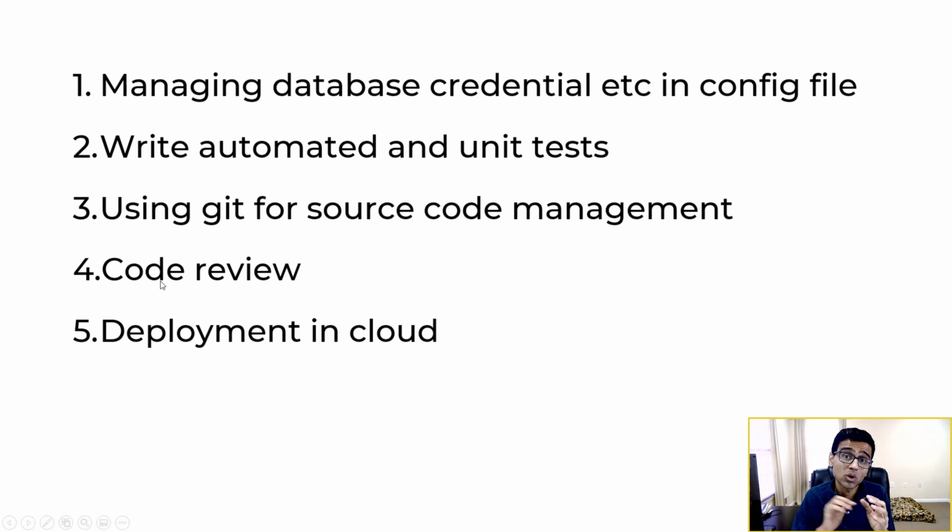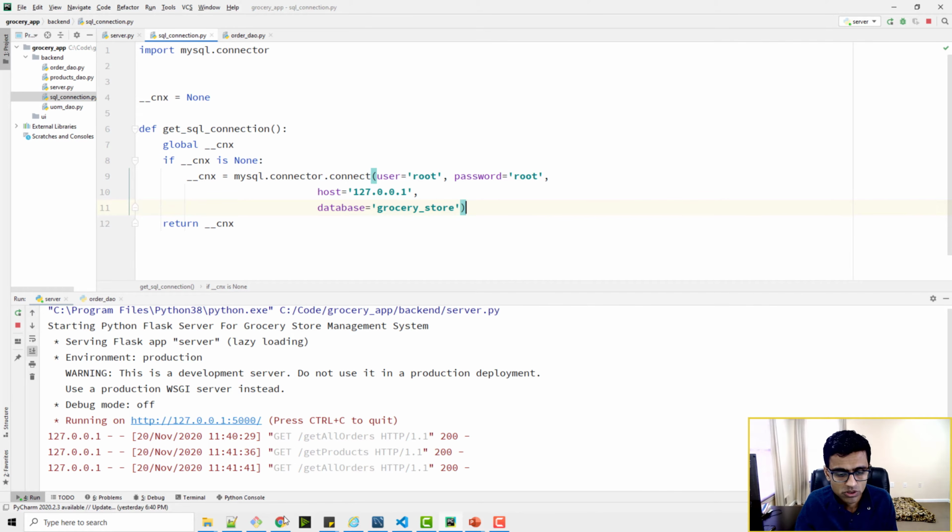Then you can also do each other's code review. If you're working for a company, the code review process is very normal. It is something that happens. So you are working in a group, now you can review your friend's code, your friend can review your code, and that way you build some skills which will be very helpful to get a job. And then deployment in cloud is something we already talked about.